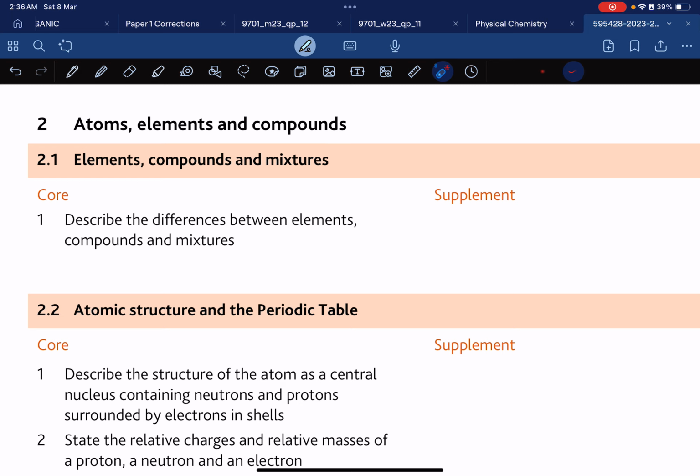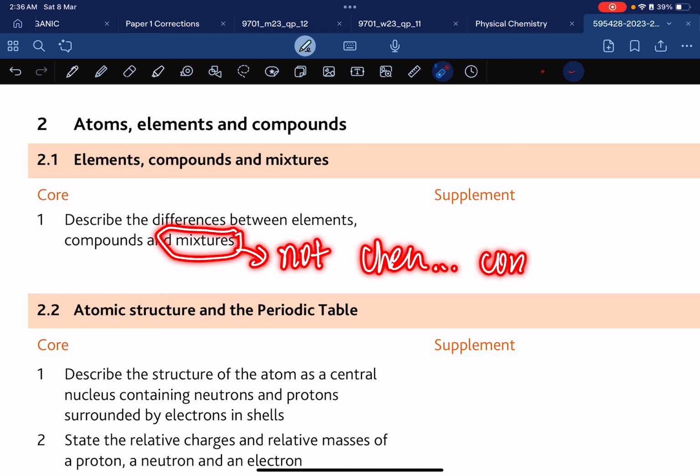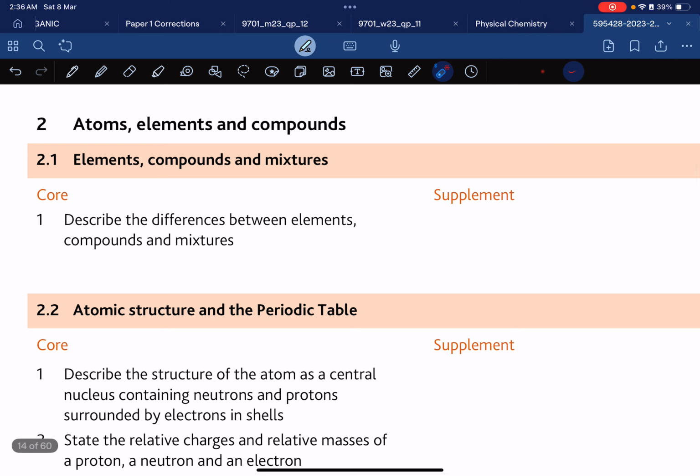A mixture is a combination of two or more elements not chemically combined, whereas compounds are pure substances made up of two or more elements chemically combined. The difference is that a mixture is not chemically combined and a compound is chemically combined.